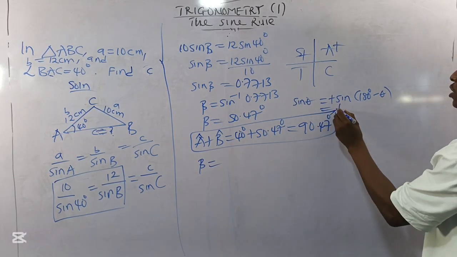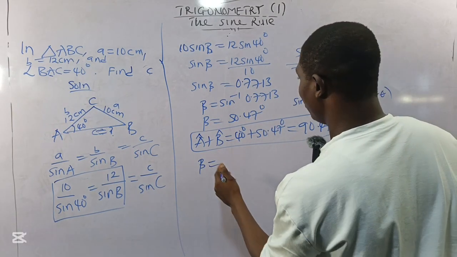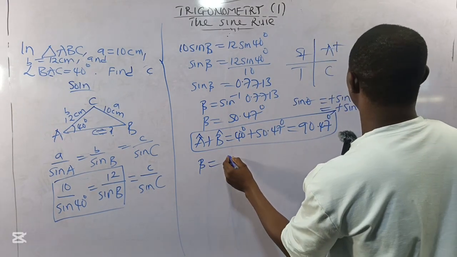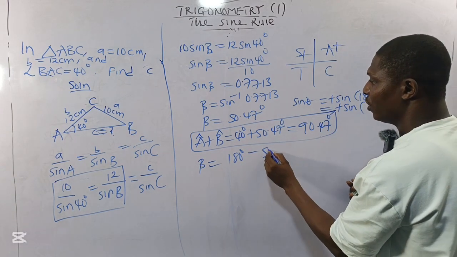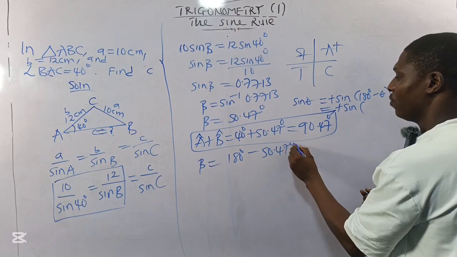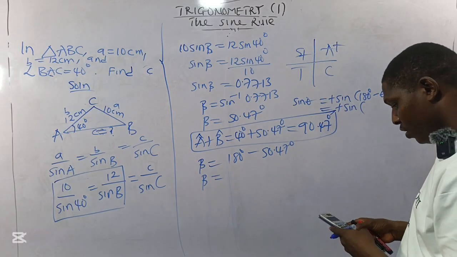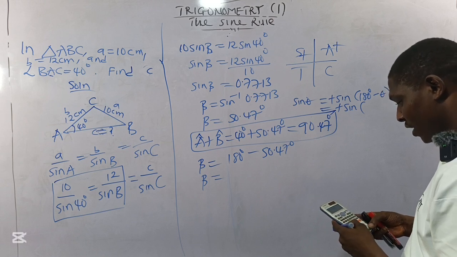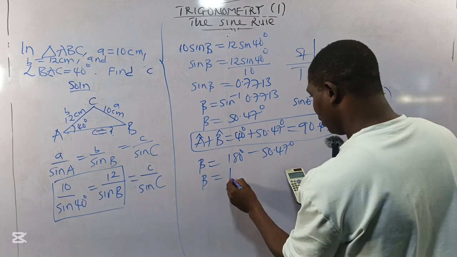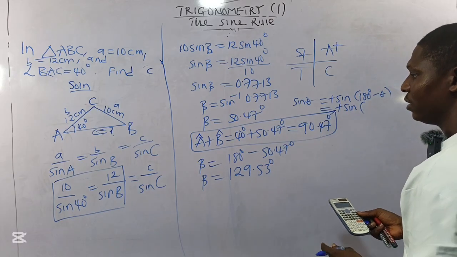And that will give me plus sine 180 minus, so I'll have B also equal to 180 degrees minus what? 50.47 degrees. And B will be equal to 180 minus 50.47, and that will give me 129.53 degrees.